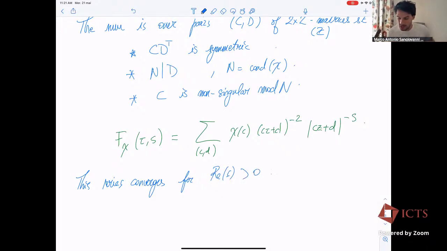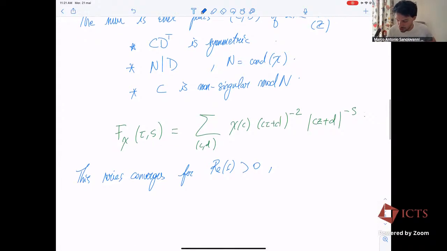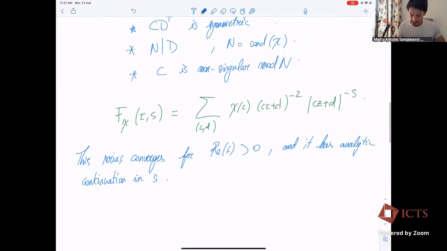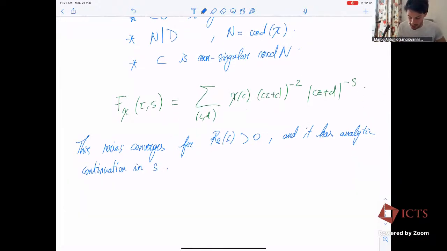And here, since we're in weight 3, one can show that there is no pole and it has an analytic continuation in s, for fixed Z, with no pole at s equals 0.